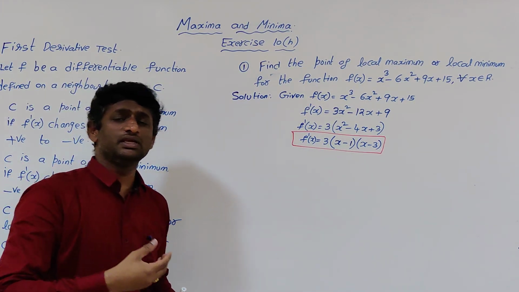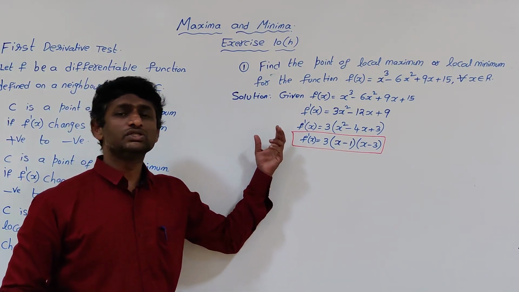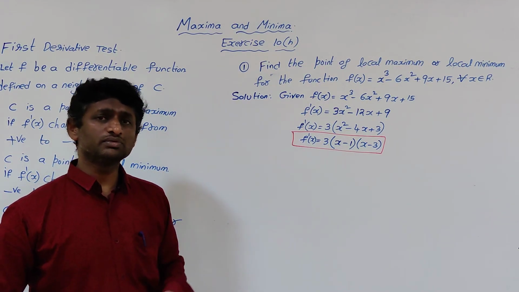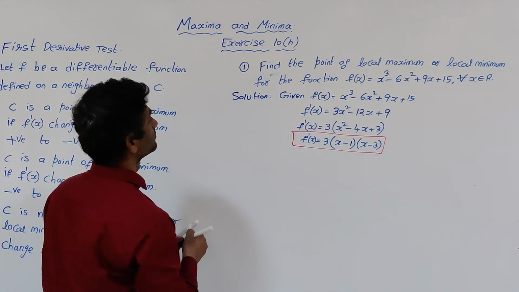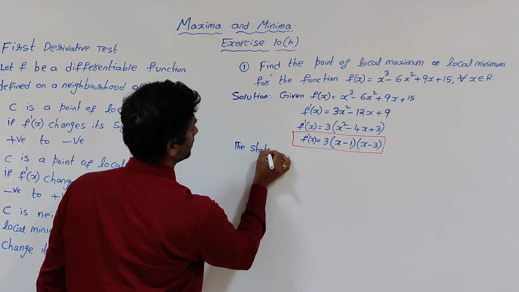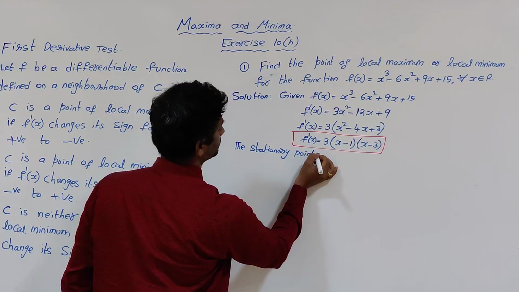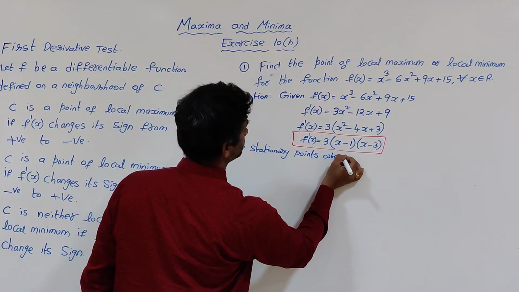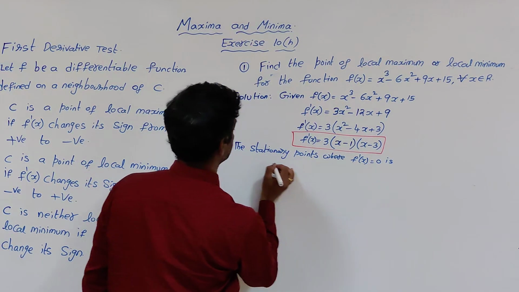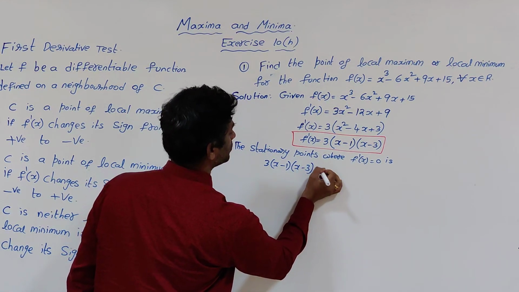Now in order to find the local maximum or minimum, we have to find out the stationary points. So what are the stationary points? Means where the derivative becomes 0. The stationary points where f dash of x is 0: 3 times of x minus 1 into x minus 3 is equal to 0.